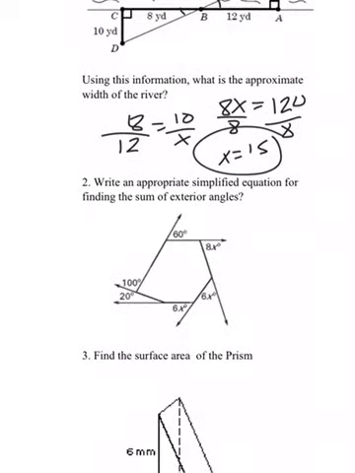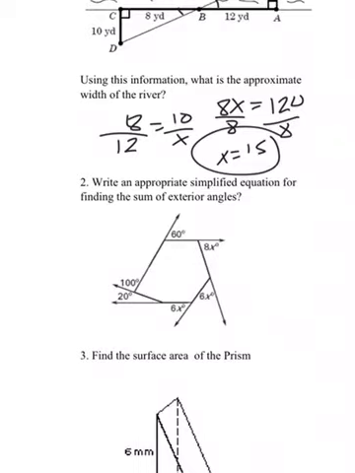Number 2, write an appropriate simplified equation for finding the sum of the exterior angles. All the exterior angles of any polygon, no matter how many sides, add up to 360. So basically we're just going to take everything together and add them up. We have 3 x's, 3 numbers.